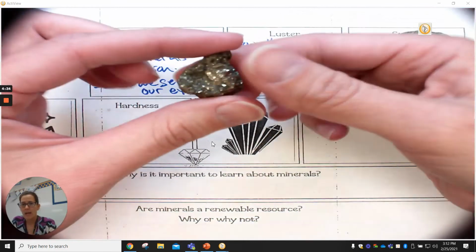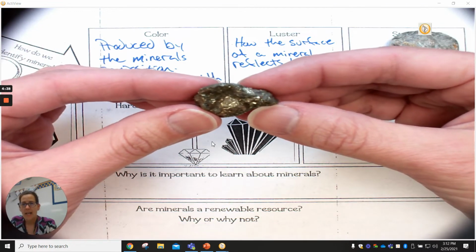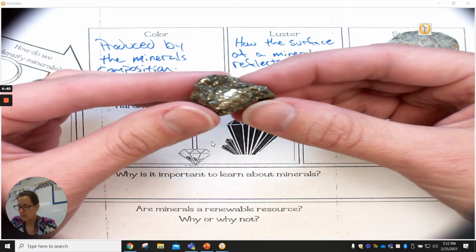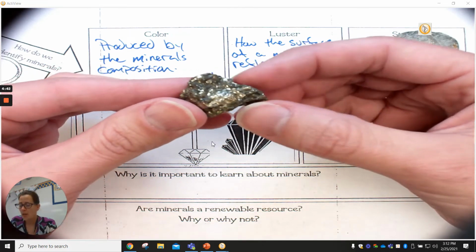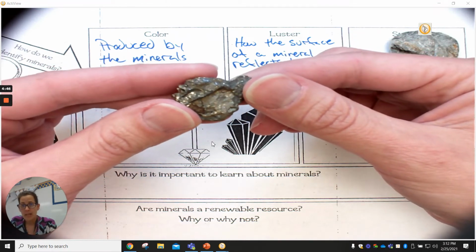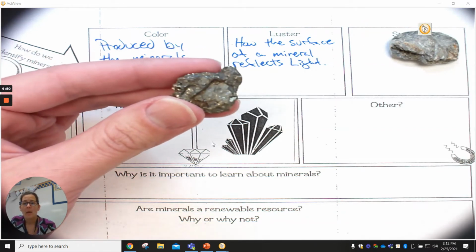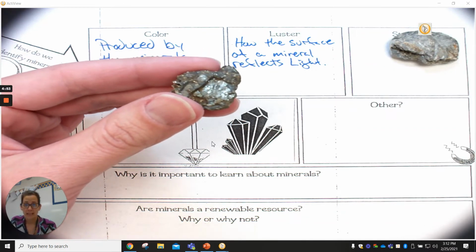So let's look at the pyrite again. We would say this is metallic and shiny because the little pieces that are reflecting the light right there, they're really shiny. So that would be the luster of this pyrite. It is metallic and shiny.